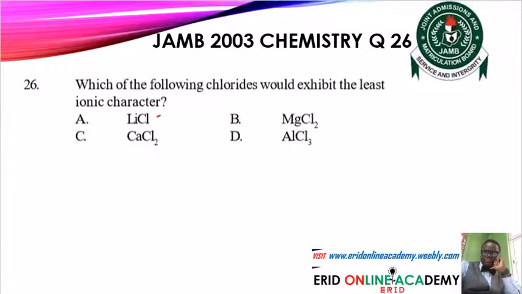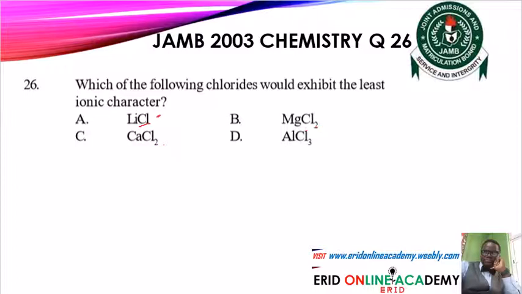So, when a metal combines with a non-metal, what kind of compounds will be formed? Ionic compounds. But we have a bit of a challenge here. All the options have metals combining with non-metals, and the non-metallic element, chlorine, is the same for all of them.